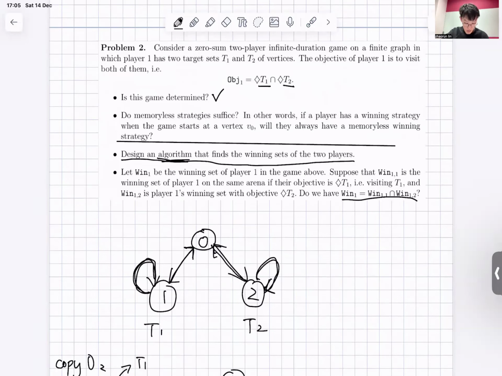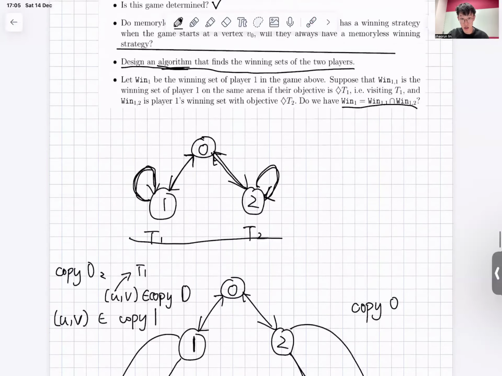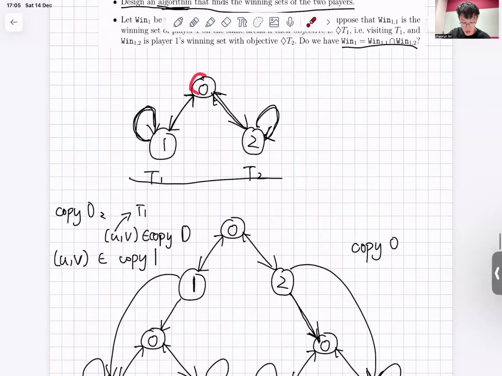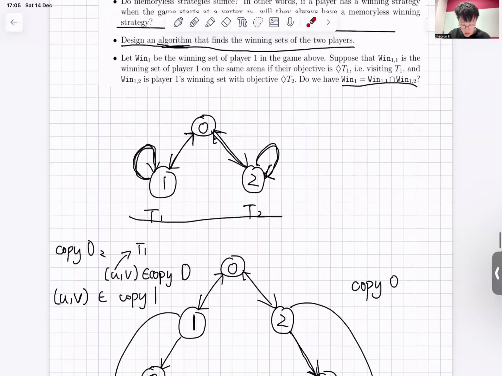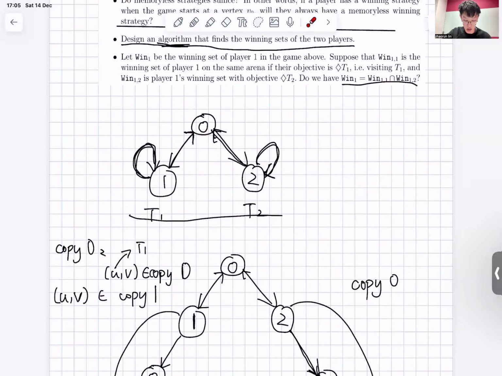So consider this game. If we start at 0, the winning set of player 1 with objective T1 is that we can take an edge to T1. And the winning set with objective T2 is that we can take an edge to T2. But Win1,2 is the set where we can take the edge to T1, then back to 0, and then take another edge to T2.